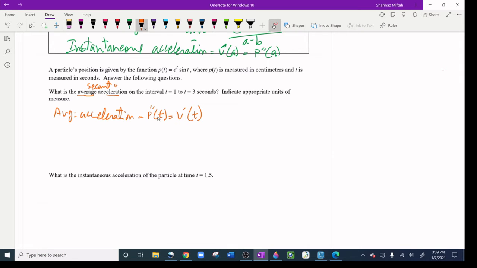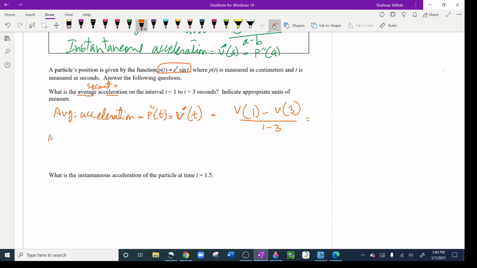So you can use any one of those notations. When you see v, it means velocity, that's the first derivative, but when you put the prime on top of it, that's a second derivative. So now how do I do that? It's going to give me v of 1 minus v of 3 over 1 minus 3. When you plug in, I don't have a velocity here. Look at this, this is the original position. So I have to get the velocity function, and I plug in 1 and 3.